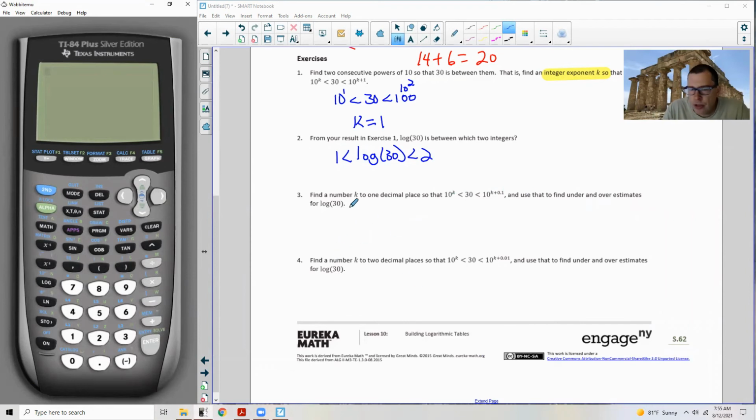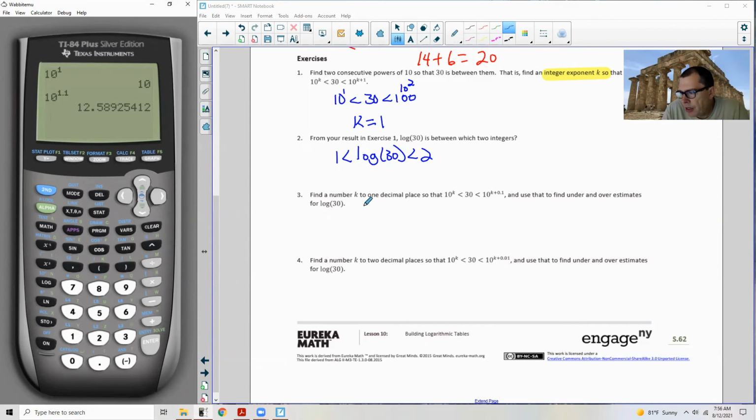So if I take 10 to the 1, it's obviously 10. If I take 10 to the 1.1, it's 12.58.